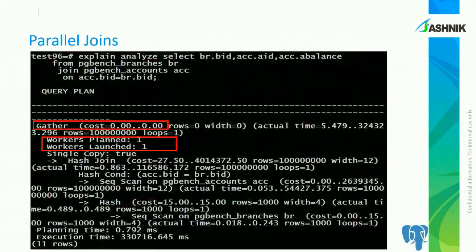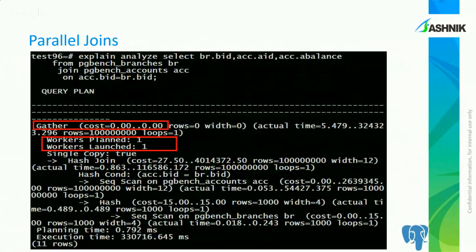I can also see benefits of parallelism in parallel joins, though in my own experience I could not see the benefit of parallel joins in most of the join queries which I was trying to fire.